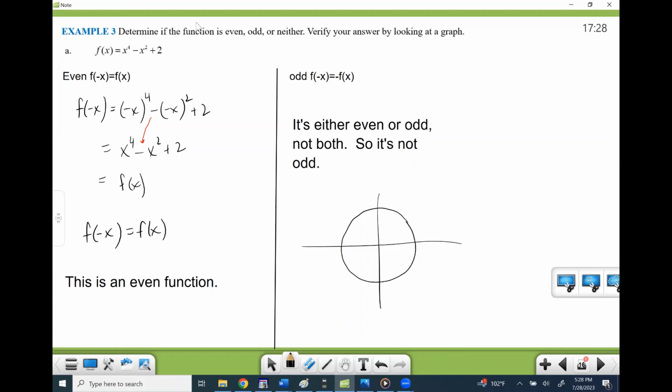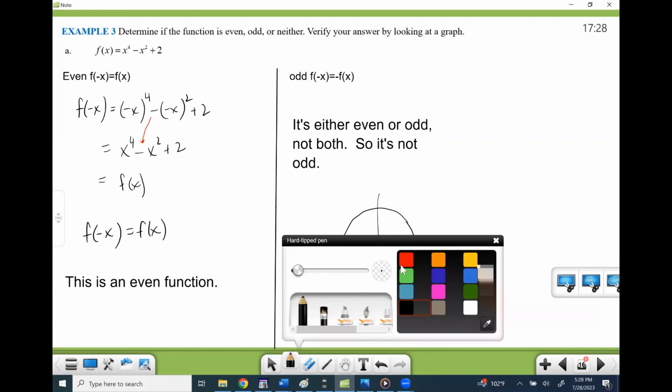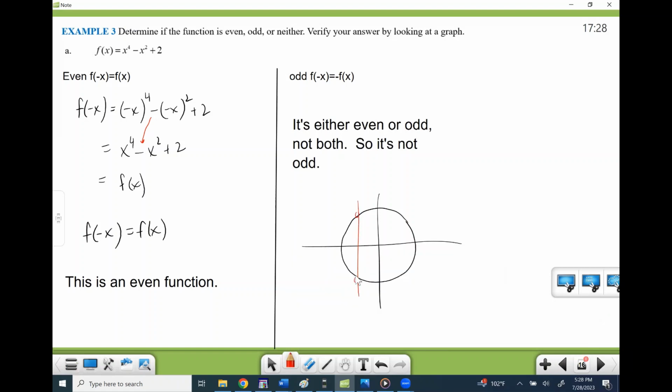We're talking about functions here. It says determine if the function is even or odd. This isn't a function because it doesn't pass the vertical line test. If we were to draw a vertical line, we would touch twice. So as long as we're talking about functions, it's an either or case. Either it's even or it's odd, kind of like numbers. Either the number's even or the number's odd. You're not going to find the number being both.